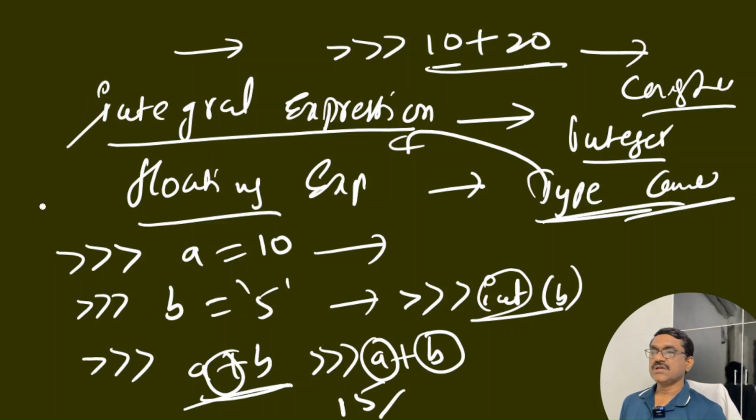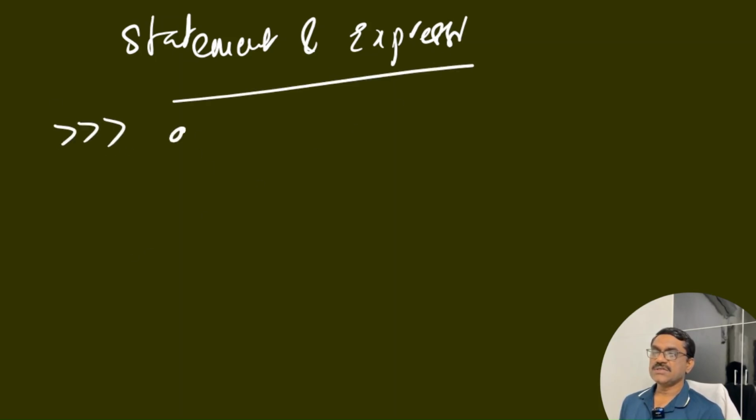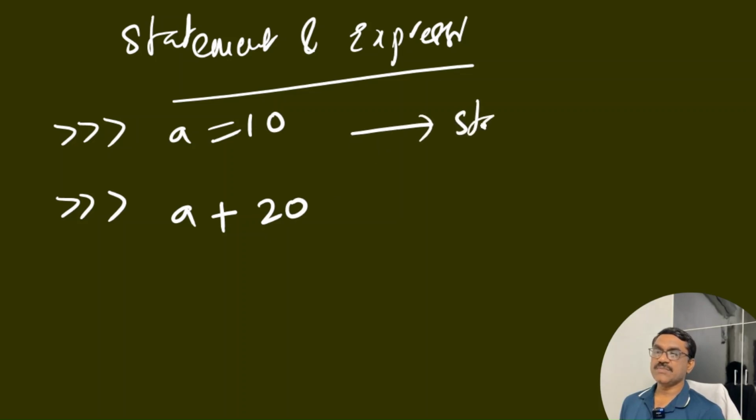After completing this, next we are moving on to the next concept, which is the difference between a statement and an expression. Let us discuss it clearly. See, here I am writing a equals 10. Next, a plus 20. This is also a statement.